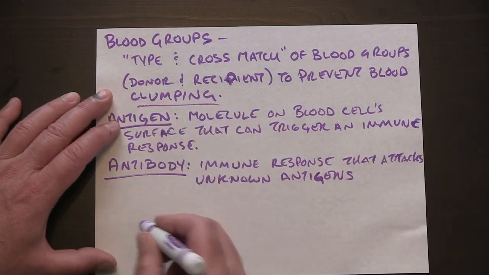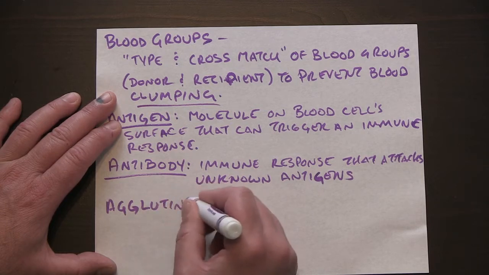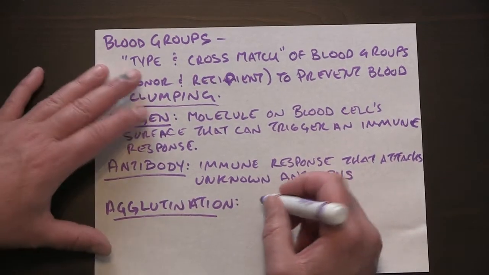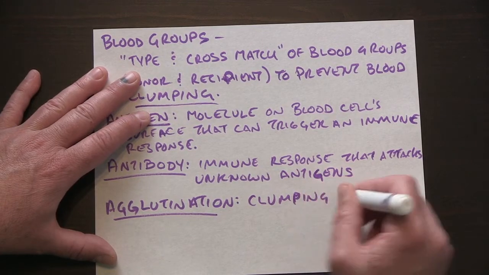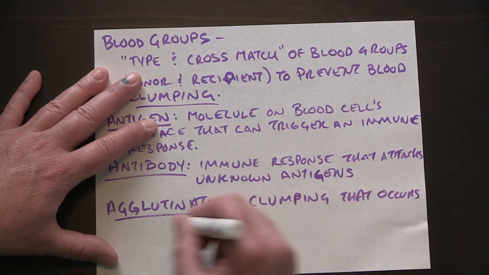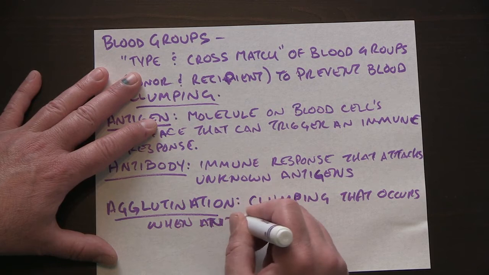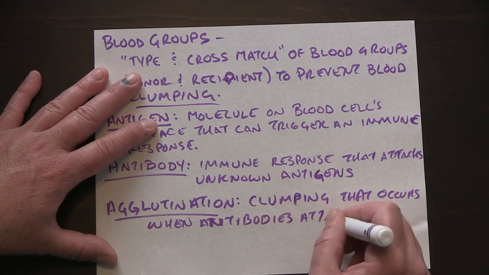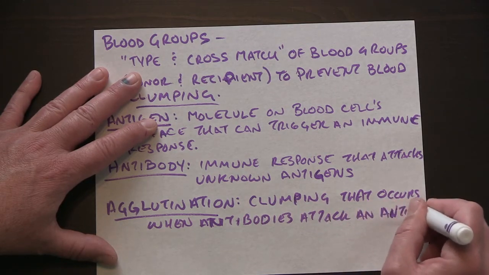And this process of clumping is known as agglutination. That occurs when the antibodies attack an antigen or the antigens.